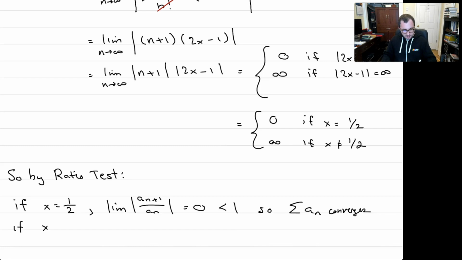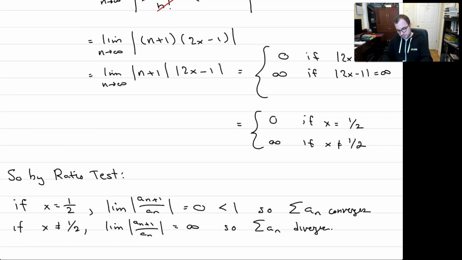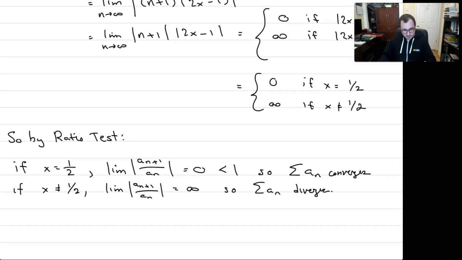However, if x is not equal to 1/2, the limit of absolute ratios is infinity, and the ratio test tells us that the series diverges. So the ratio test has determined for which values of x this series converges and diverges.